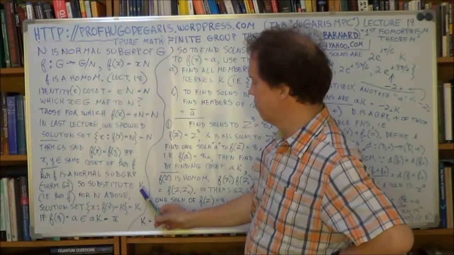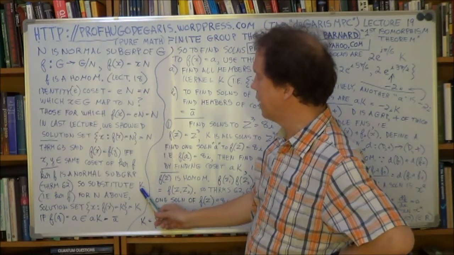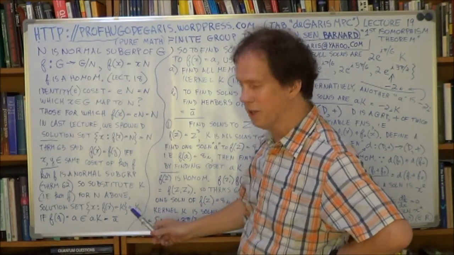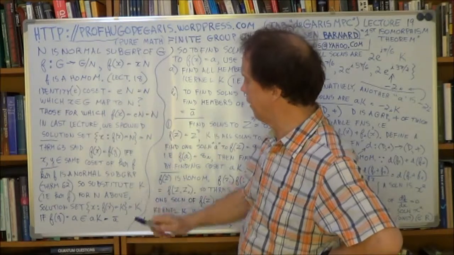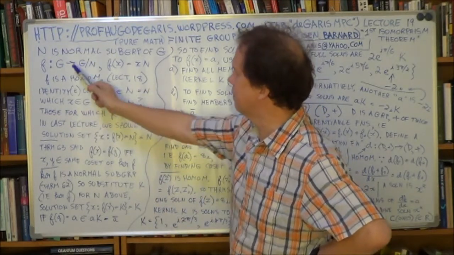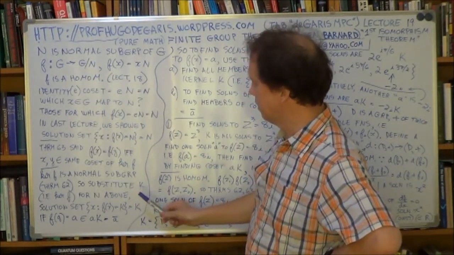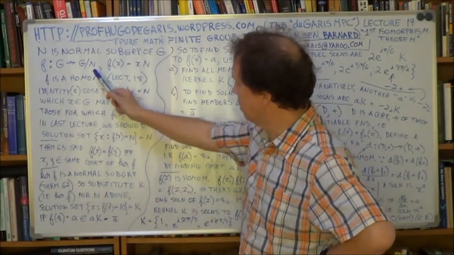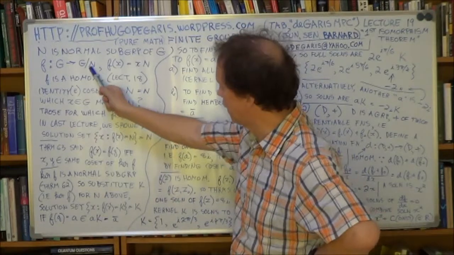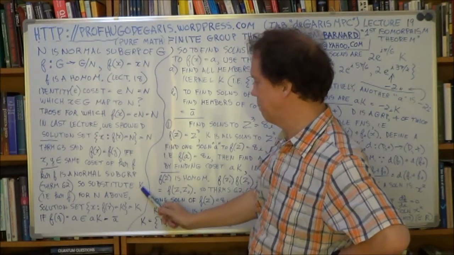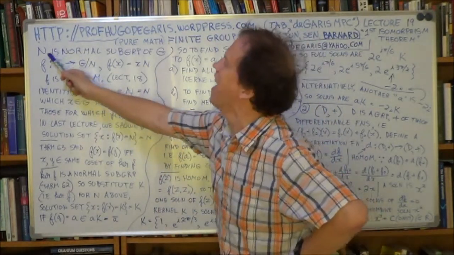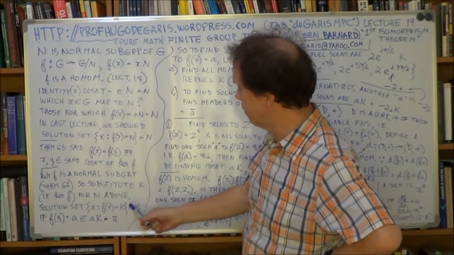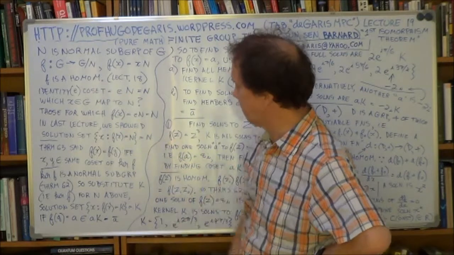We can use this K, the kernel, as a more concrete case of N. This N here is general, but we could substitute K here, because N is just a normal subgroup, but K is a normal subgroup, so we could put this K here.